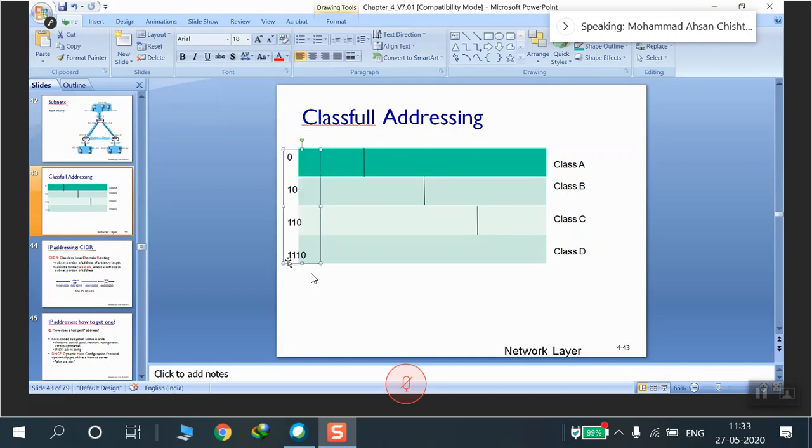This is how you would denote it, which in other words means the first bits would start with this. A total across this is 32 bits.